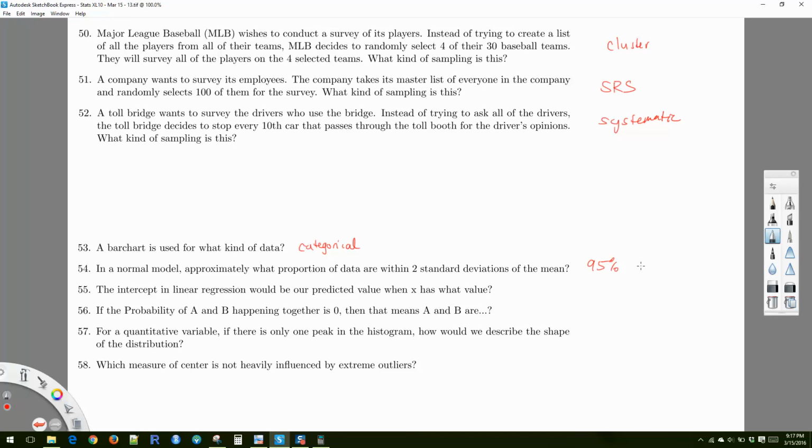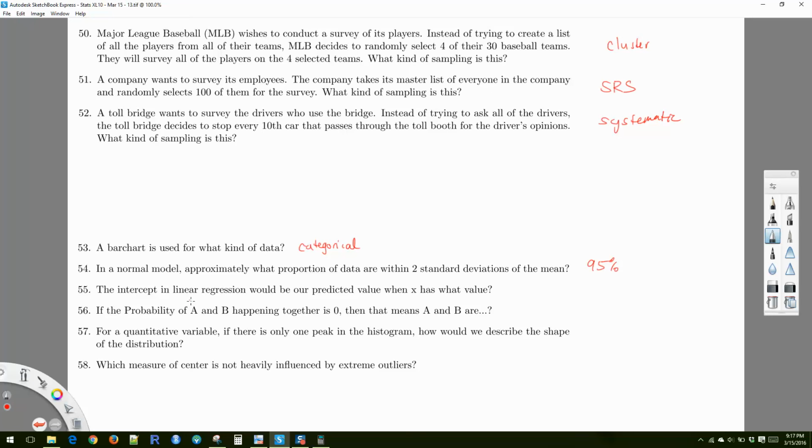When did you learn this? Chapter 6. Okay. 1 is 68%. 2 standard deviations, 95%. 3 standard deviations, 99.7. I know we covered this.